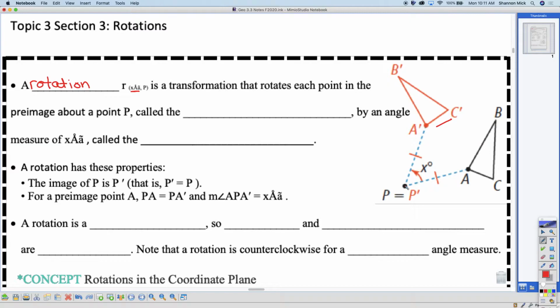A rotation is a transformation that rotates each point in the pre-image about a point P called a center of rotation, sorry, not point.